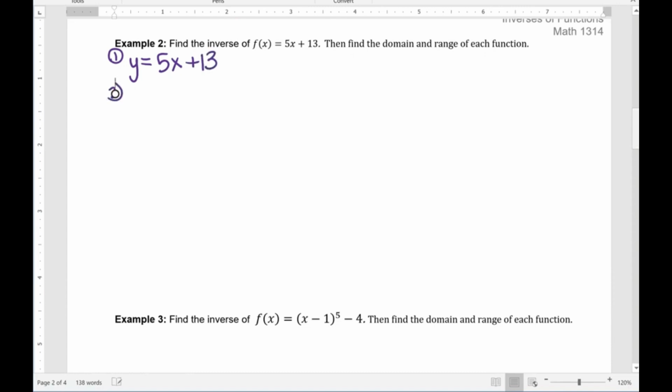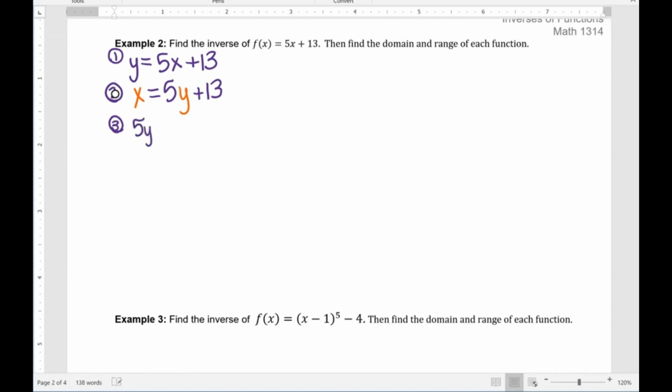Step 2 says we need to flip the x and the y. So now we have x is equal to 5y plus 13. Step 3 says that we need to solve this equation for y.